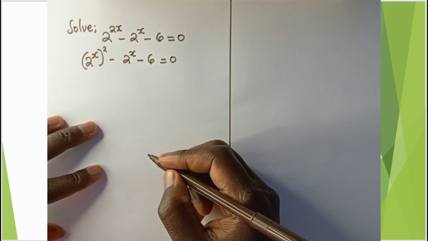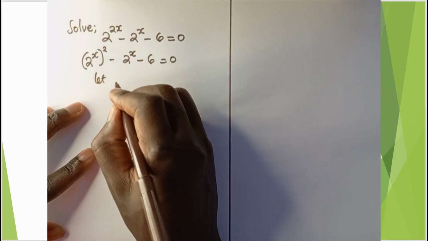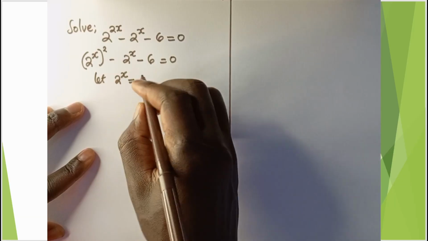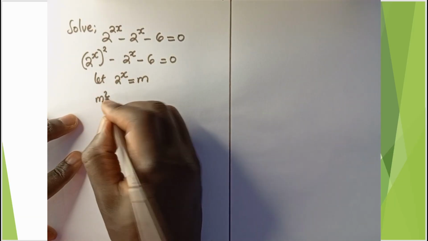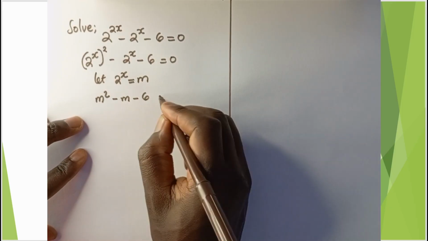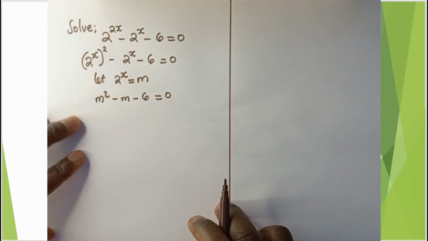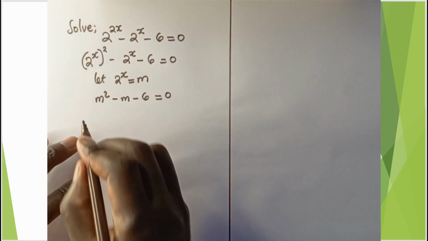So these are some of the equations that reduce to quadratic. We let 2 to power x equal to, for example, m. So we have m squared minus m minus 6 is equal to 0. Now, using any method of solving quadratic equations, you can use factorization, you can use the quadratic formula, you can use completing squares.